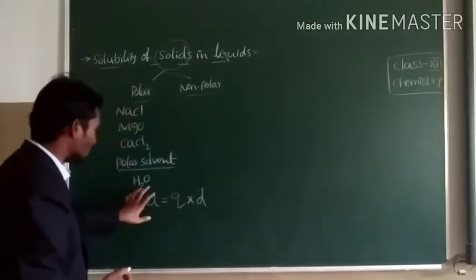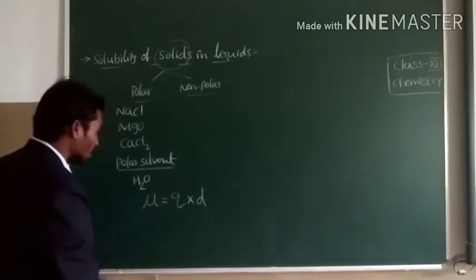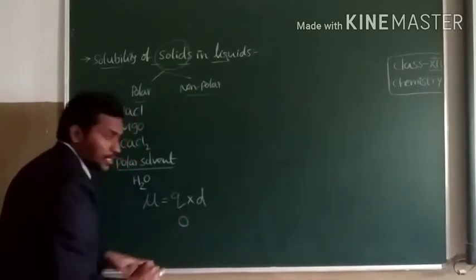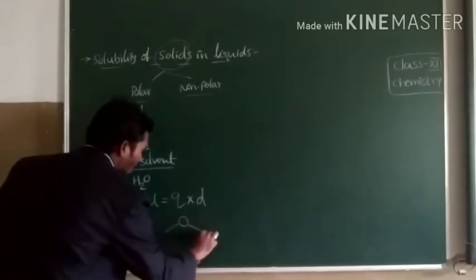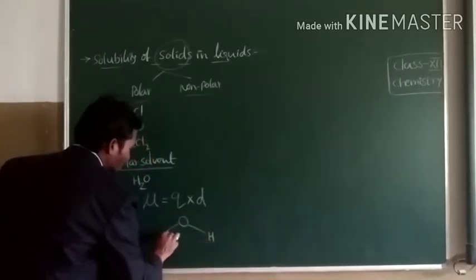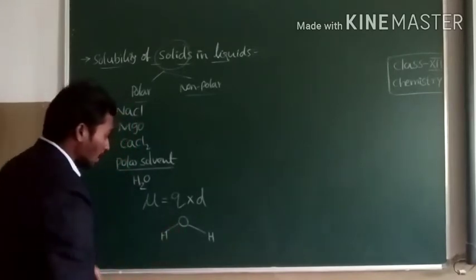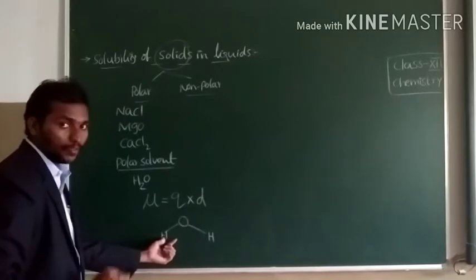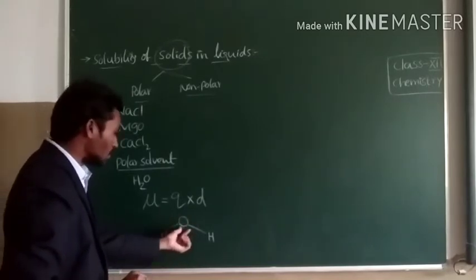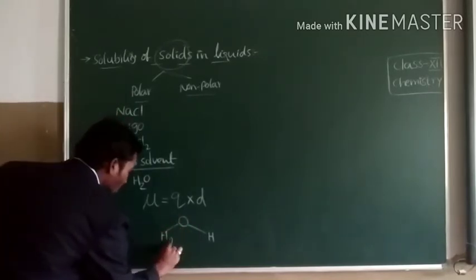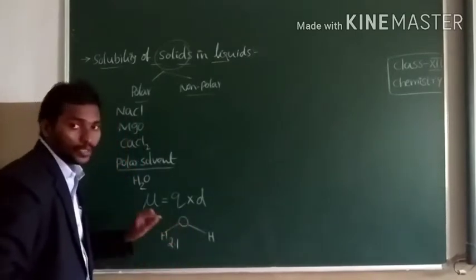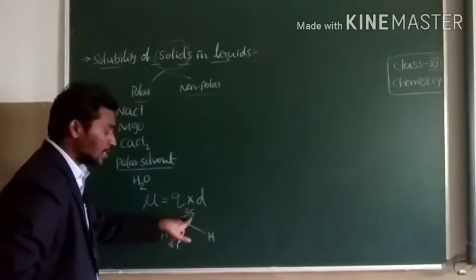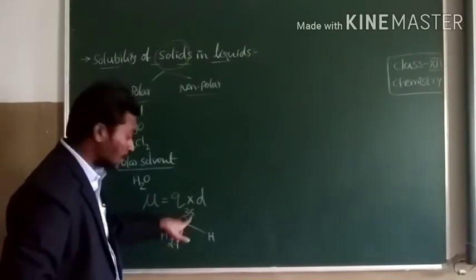For example, we have the H2O molecule. In H2O, the central atom is the oxygen atom and these two are hydrogen atoms. This is the structure of H2O. When we talk about electronegativities, hydrogen is 2.1 and oxygen's electronegativity value is 3.5. So oxygen has a higher electronegativity value than hydrogen.